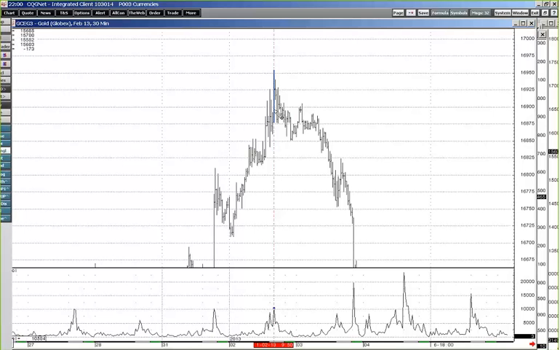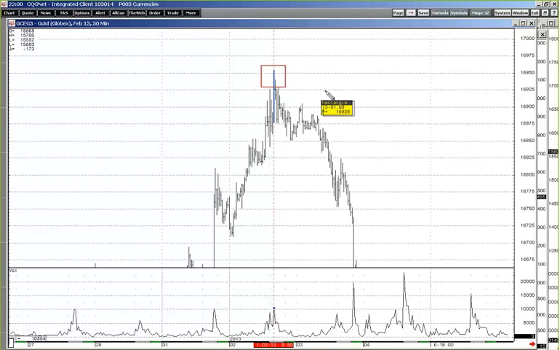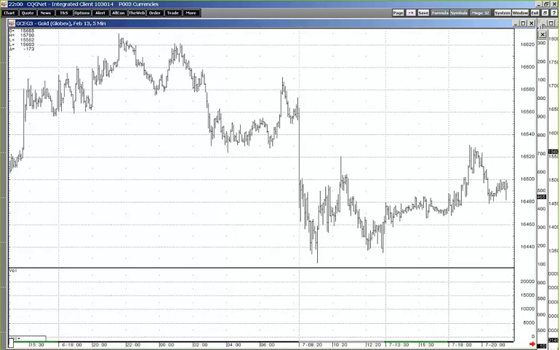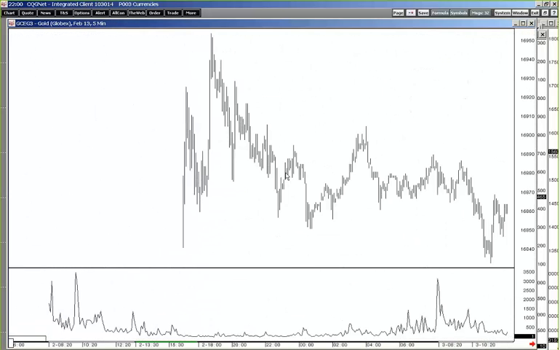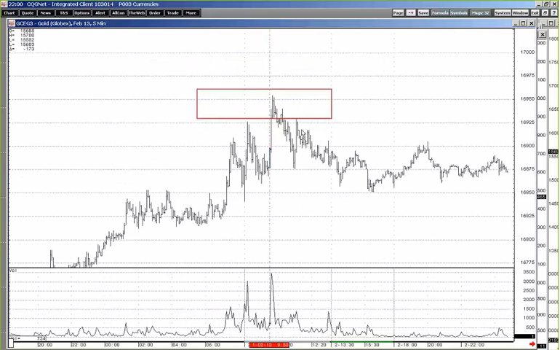All right, this is the 30-minute spike. All right, this is 5 minutes. You have a little bit of two-sided trading in here, but not a whole lot. The point of this is that most of the time you can go down in time frame.